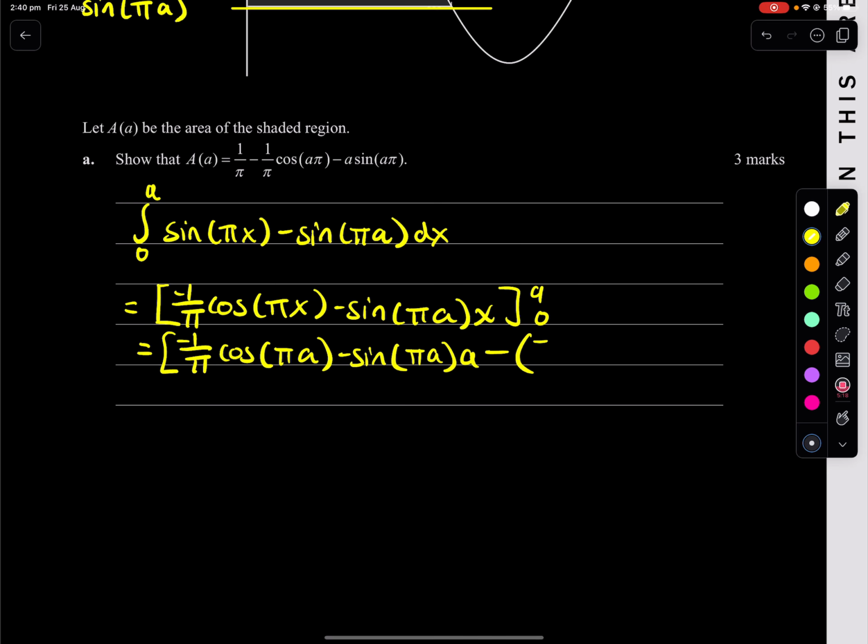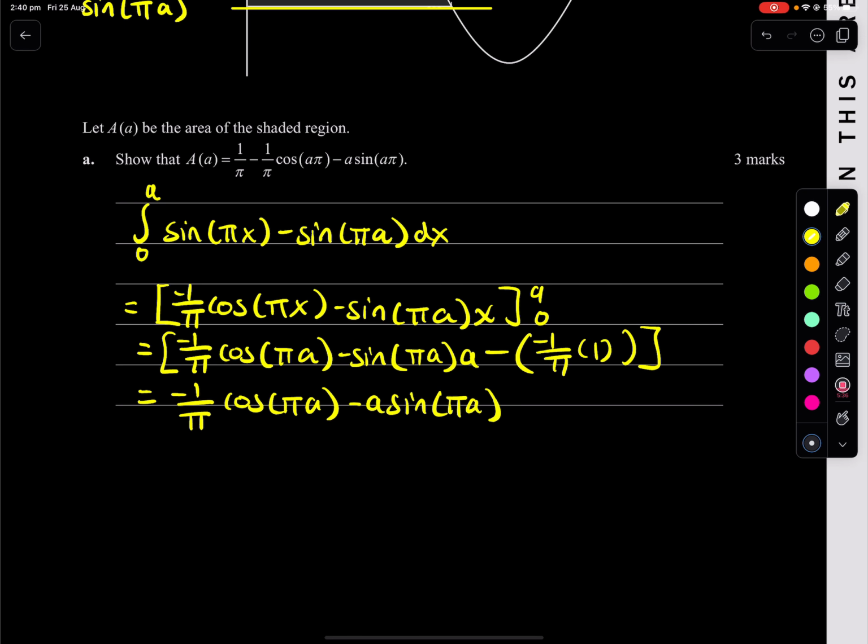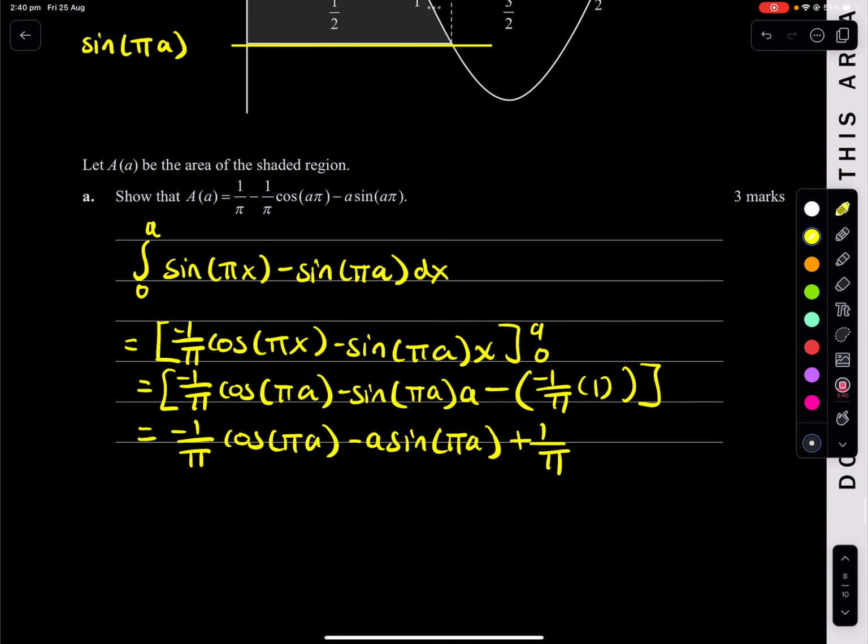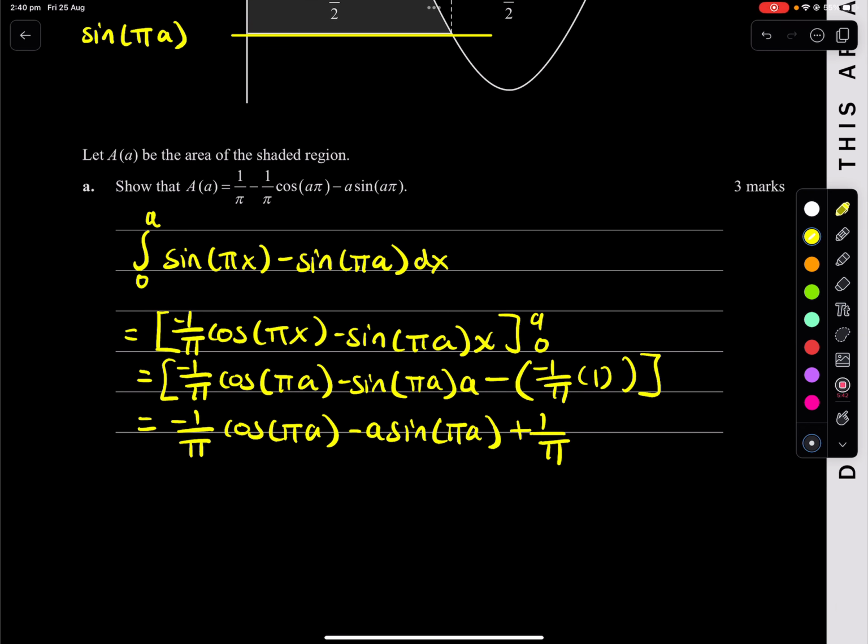If I sub in, what's cos 0? It's just 1, so put a 1 here. The other will be 0. This will be negative 1 over pi cos pi a minus a sine pi a plus 1 over pi. Is that the same? So 1 over pi minus a sine pi a. Yeah, so it looks the same.